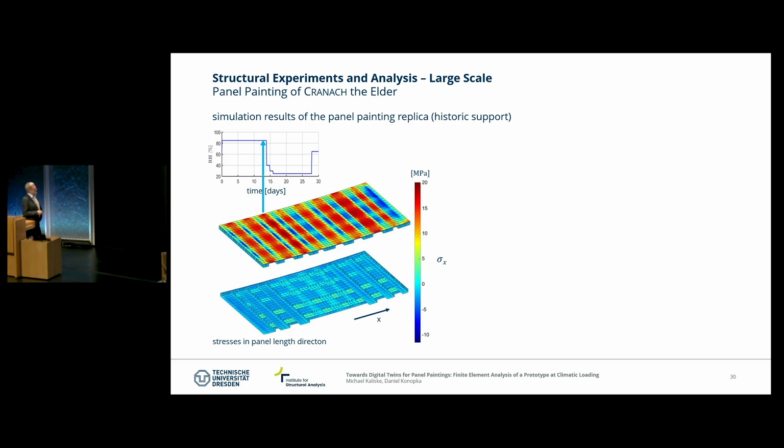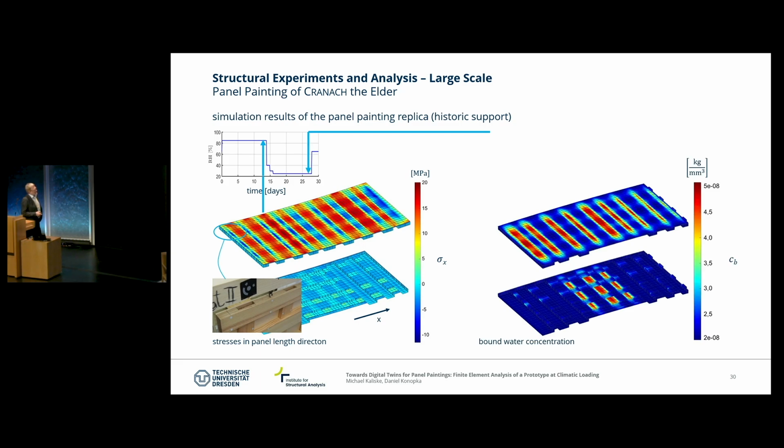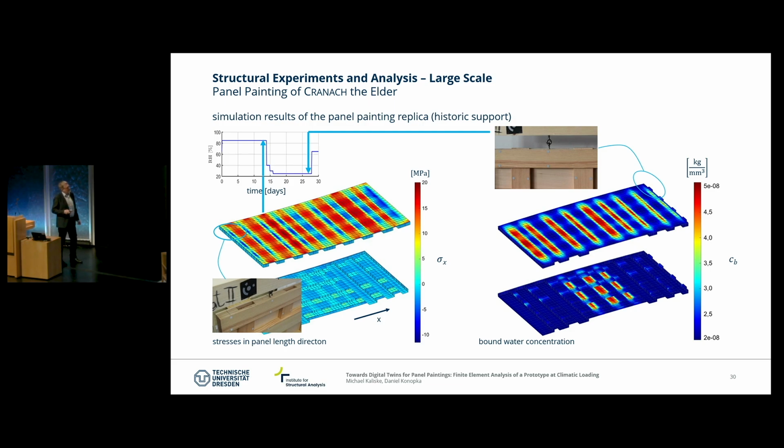So we see here the stress distribution in the panel. And on the other hand, here the moisture distribution, which is relatively inhomogeneously distributed in this panel. And we can see, of course, that features which are observed in the experiment, so these slivers coming out at the edge of the panel, and this state of deformation was found, of course, in the numerical experiments as well.